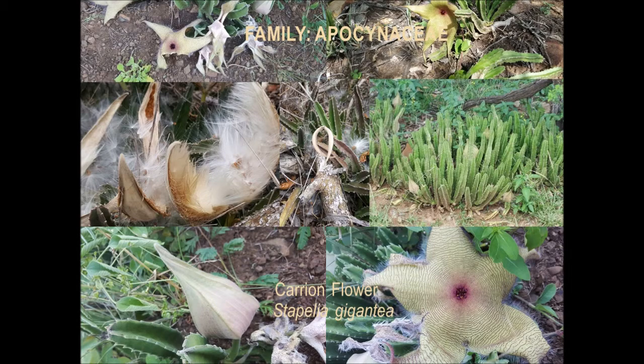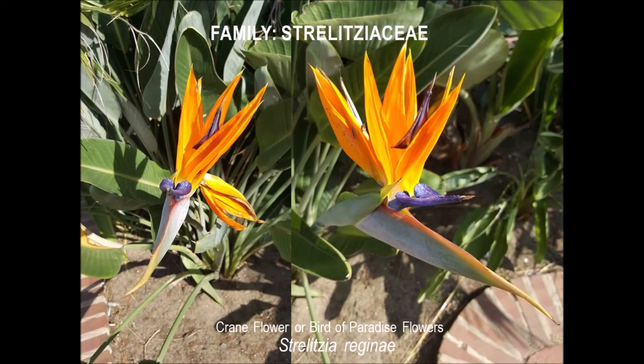It is toxic, and you can see the pods there. In the center there's the double pod, which is typical for the family, and the pods are split open in the picture on the left center, and you can see the seeds attached to fluff that helps them to disperse.